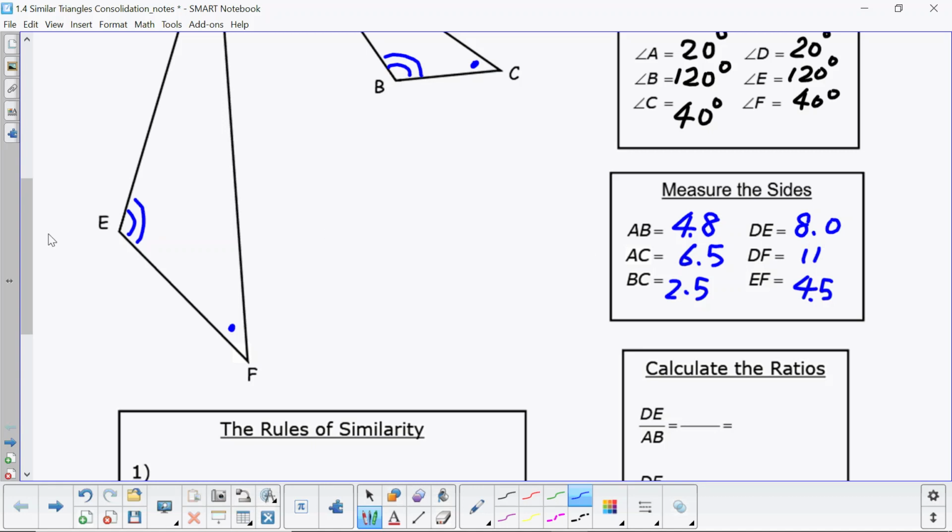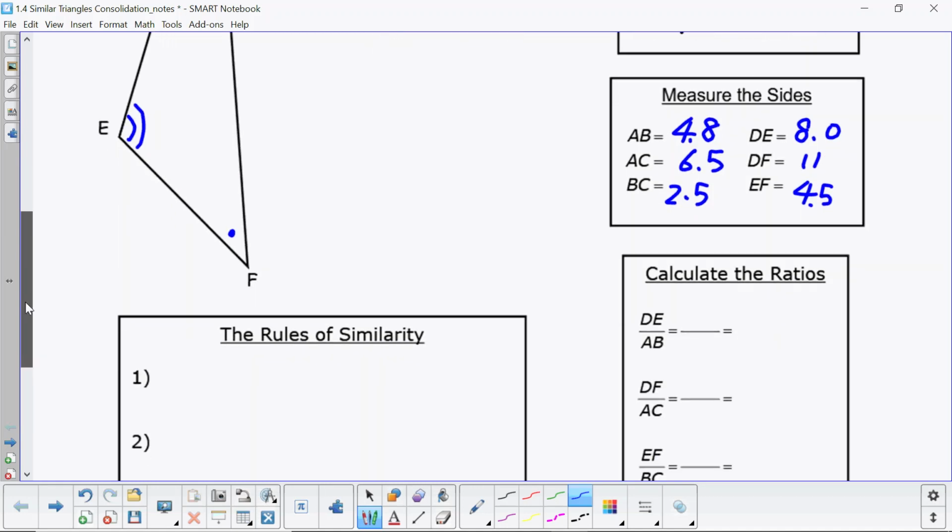Your measurements may be a little bit off from this one. These are not the accurate ones either. Okay. Now we are going to find the ratio of the corresponding sides. So 8.0 divided by 4.8, you will have 1.66.